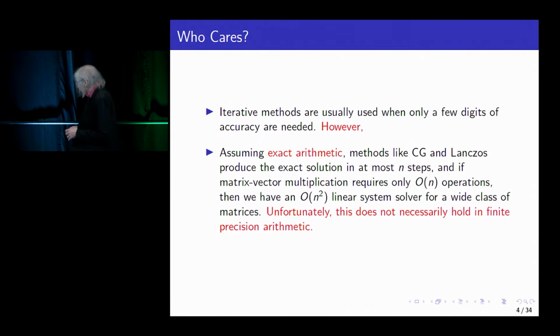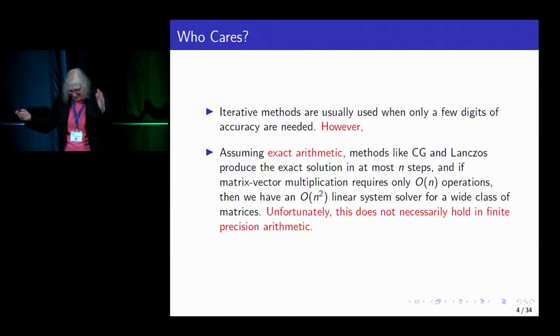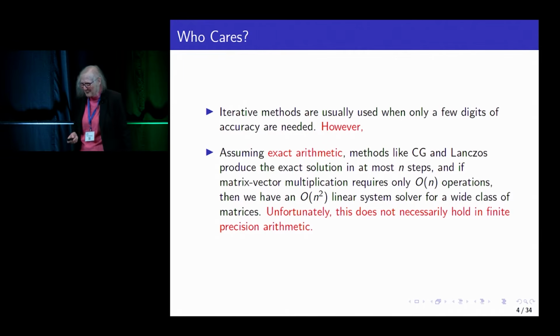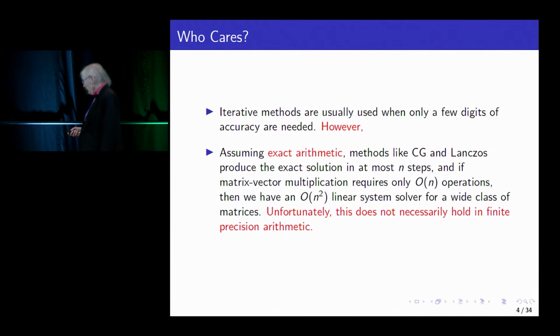However, assuming exact arithmetic, methods like CG and Lanczos produce the exact solution in at most n steps, and if matrix vector multiplication requires only O(n) operations, then for a large class of matrices, if this actually worked, we would have an O(n^2) linear system solver, better than the optimal 2.3, whatever the number is now, okay? Unfortunately, in finite precision arithmetic, this does not necessarily hold, so this doesn't work.